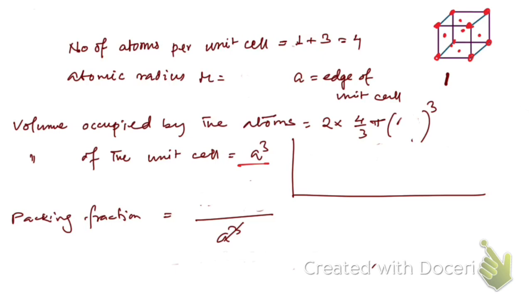So here the radius will be, if you take the figure, not this one, if you consider one face of this unit cell, you can see that here should be 1 out of 8 parts of an atom, and here is half of an atom.